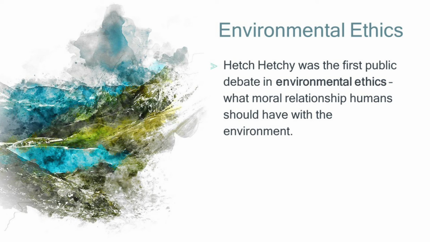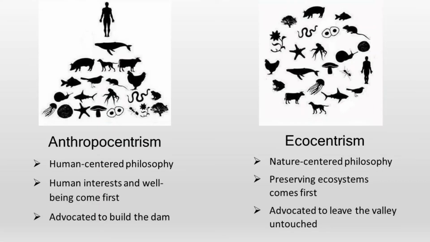And here come what we call the two types of philosophy, anthropocentrism and ecocentrism. So anthro means human, and eco means our ecology or our ecosystem. This philosophy of anthropocentrism means a human-centered philosophy.